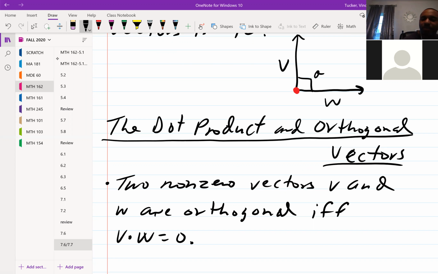It says two non-zero vectors V and W are orthogonal if and only if V dot W is equal to 0.